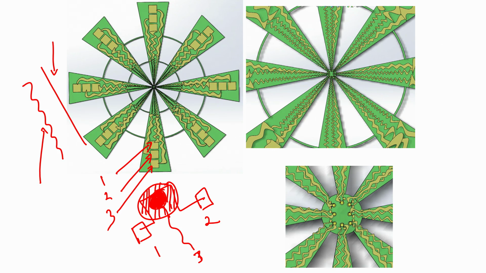Now, if you see this one, the sensors are right in the center, they are extremely small, and if I go on magnifying it, I can see here clearly this one for the gold electrodes, and this one is for the piezoresistive sensor, correct.